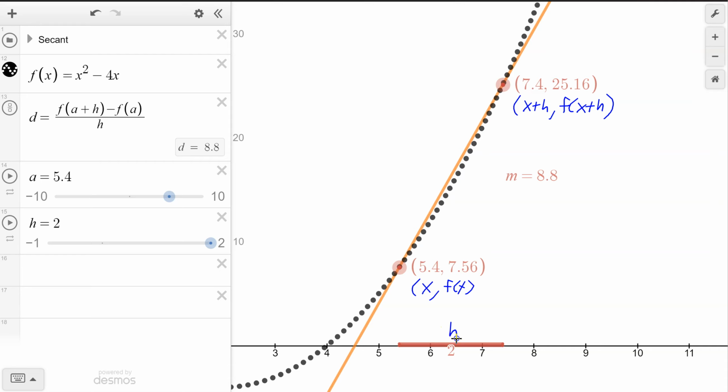And then down here is our h, so you can see it is 2 units away from each other. We're at 5.4, it's 7.4. So plugging 5.4 into the function, we get this. And then this slope is our f of x plus h minus f of x all over h. Remember, these two just cancel. So that one and that one, if you were to subtract it, the x's would cancel, leaving us with just h on the bottom. So it's just a slope formula. That's all it is.